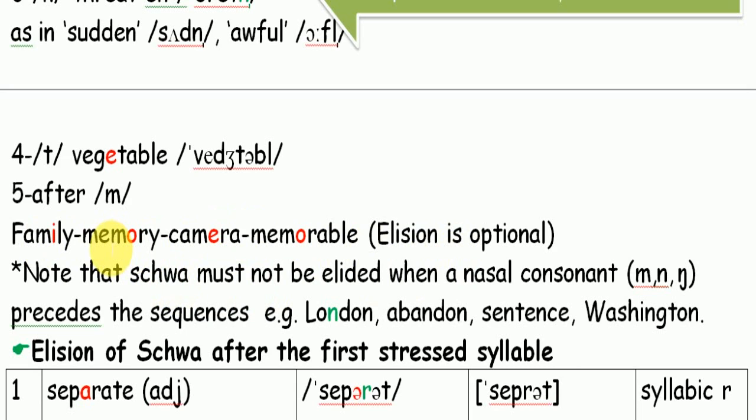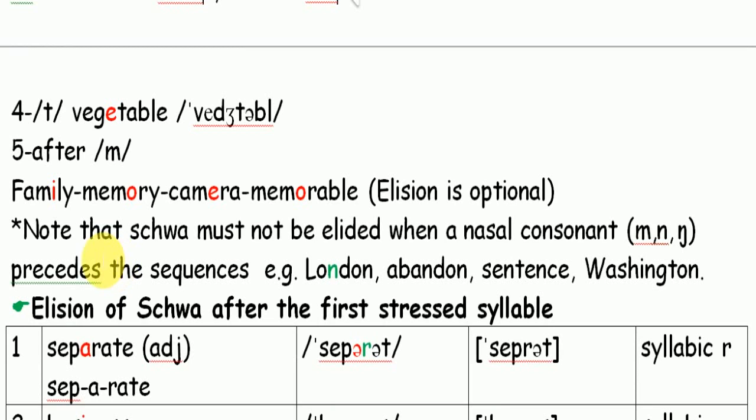Memory or memory, camera or camera, memorable, memorable or memorable. Note that schwa must not be elided when a nasal consonant precedes the sequence, e.g., abandon. You have to pronounce the schwa sound.